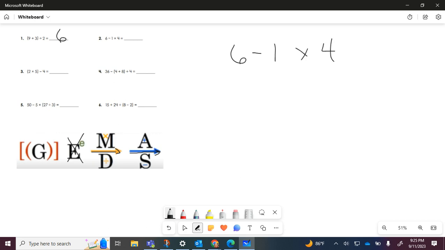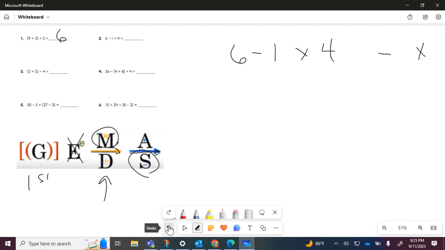Here the operations I have are subtraction and multiplication. I don't have any groups. So if I come over to my list, I see that multiplication comes before subtraction.